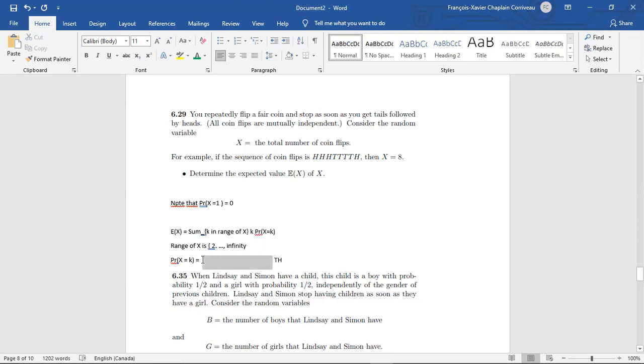So this yellow part does not contain tails head.